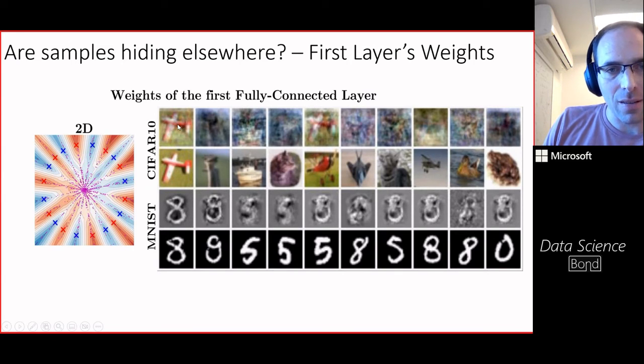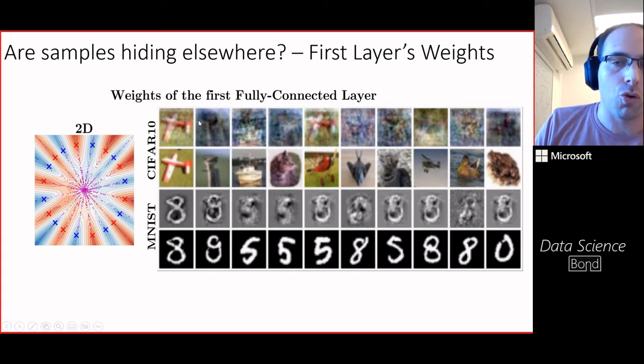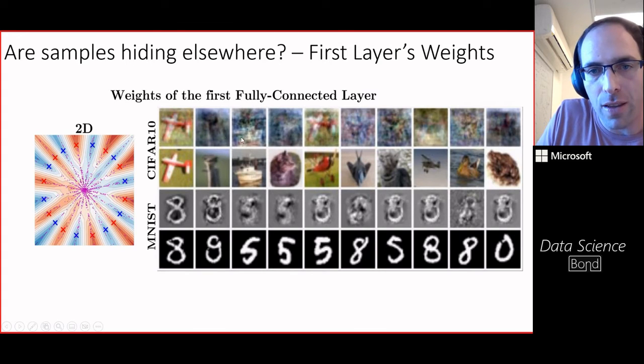For example, this airplane you can find just by looking at the first fully connected layer. You can find this airplane, or this bird, or maybe this ship, but that's pretty much it. So you could reconstruct some of the images.